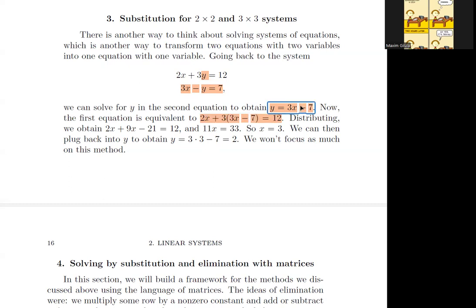When we plug in y is 3x minus 7, we get 2x plus 3 times 3x minus 7 is 12. And then if you work that out, you get x is 3. So you could still solve for x if you do this method. And then you just plug x back in to solve for y. And we get the same answer as we did using the other method of elimination. This method does have a context in linear algebra, but we're going to be focusing on elimination for now.